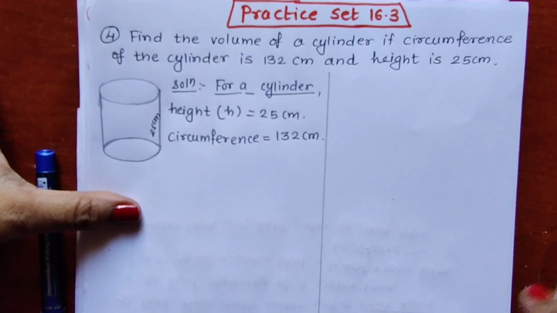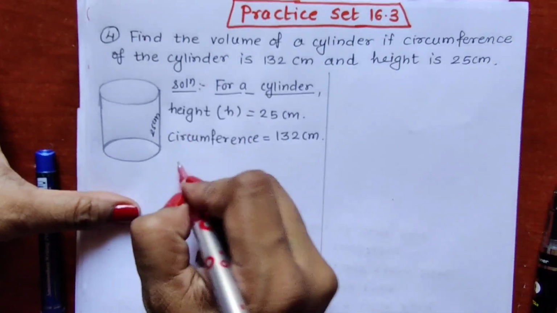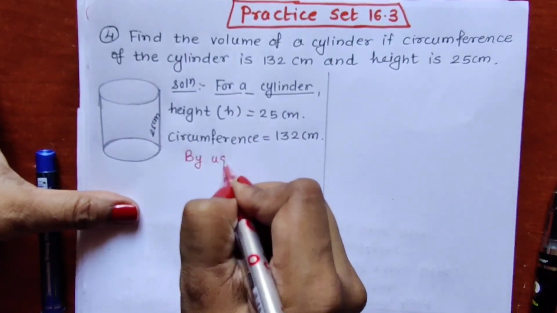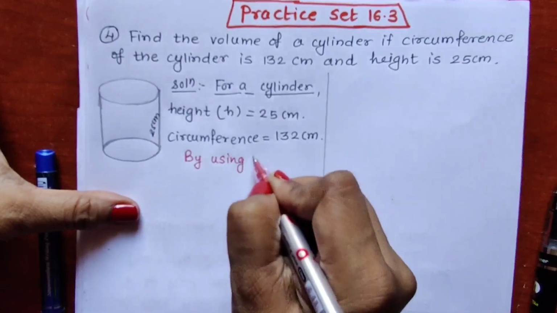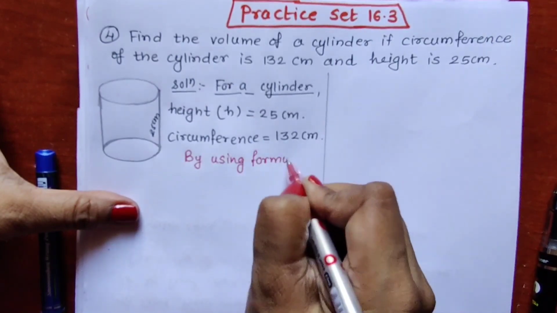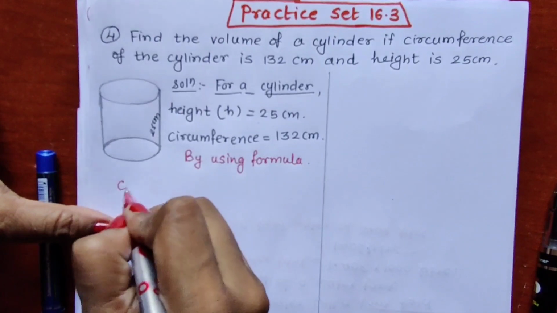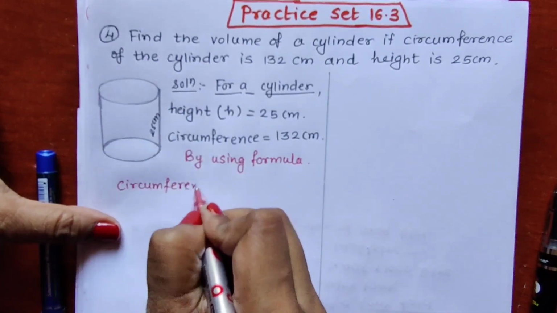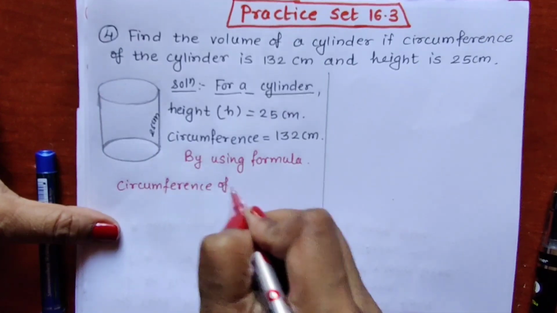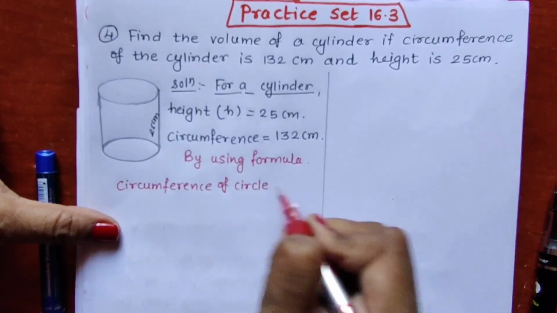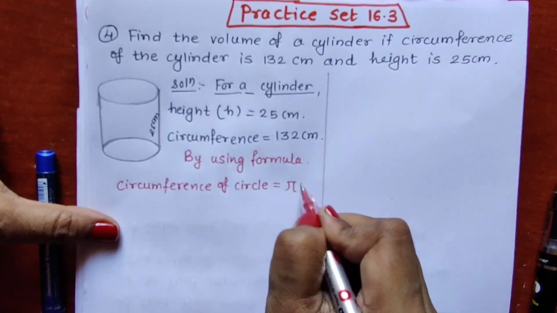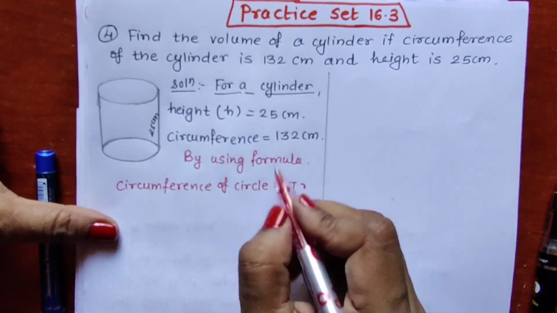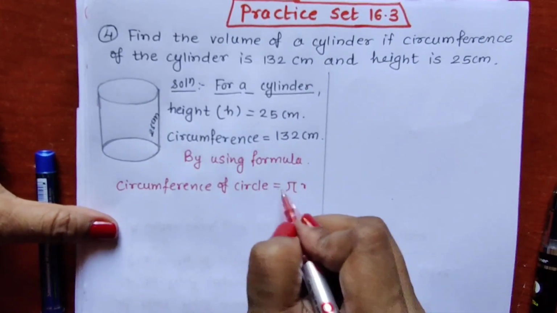Now see children, circumference formula we will be using. Circumference of circle is equal to 2 pi r. Okay, it is not only pi, it is 2 pi r.